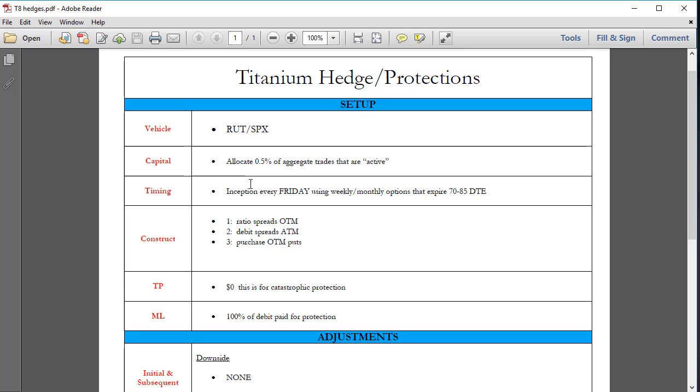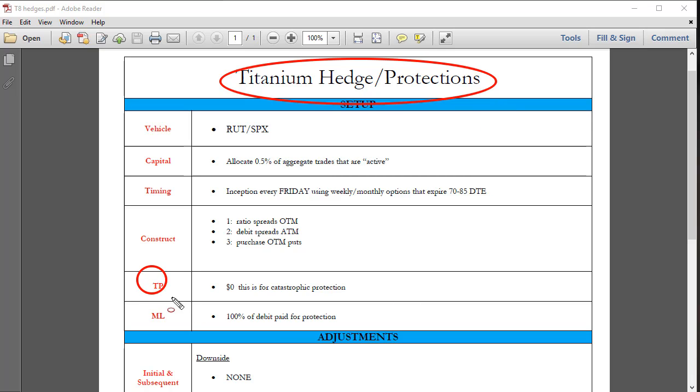And again, this is just one way of thinking about it and viewing it. You can either use out of the money ratio spreads, you can purchase at the money debit spreads, or purchase these out of the money puts. These are not set up, these are not designed right here. They're hedges, they're protections, all right?